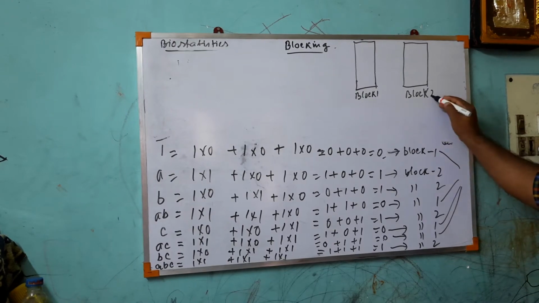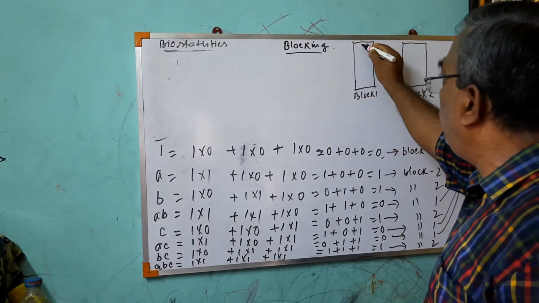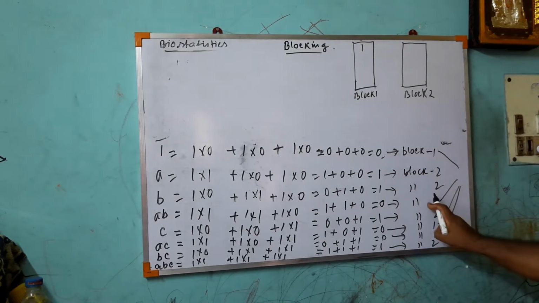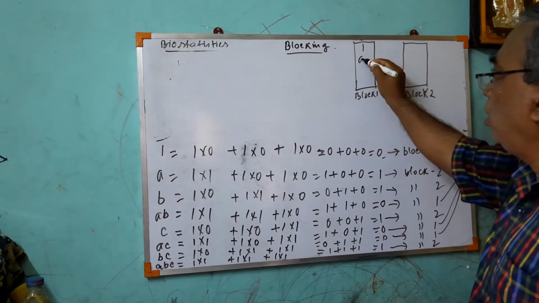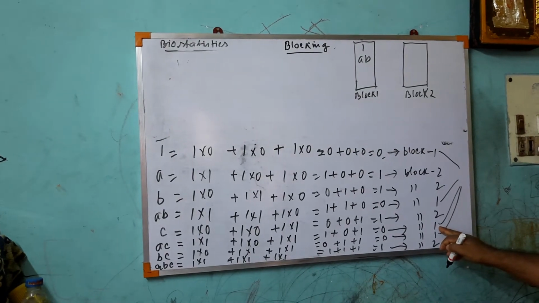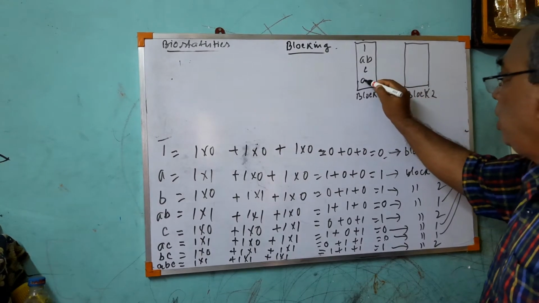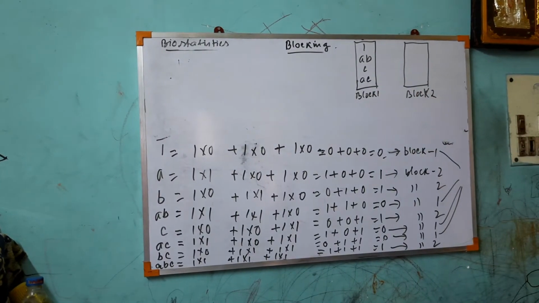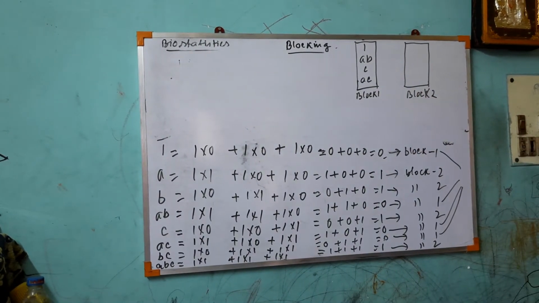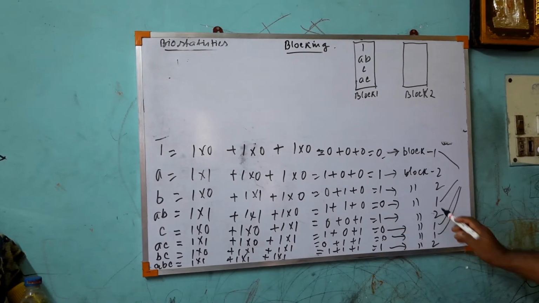So block 1 means this 1, block 1 element 1, then this one is AB, then this is block 1. This is C, block 2, sorry.